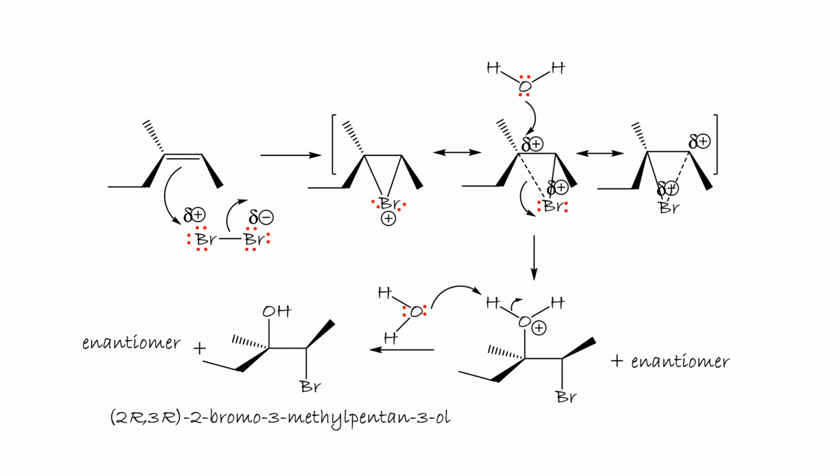Here is the bottom face to get the other enantiomer. Then the OH will attack this carbon, the more substituted, of course, followed by deprotonation to give 2R,3R-2-bromo-3-methylpentan-3-ol.